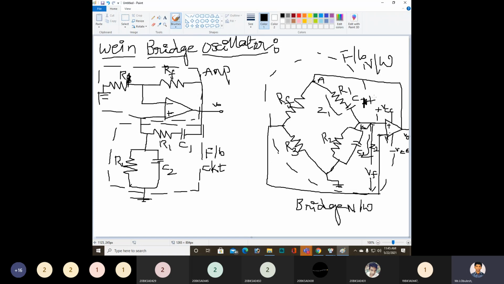In this the phase shift is 0 degrees or 360 degrees. So in the amplifier we have 180 degrees phase shift, in the feedback we have 180 degrees. So total is 360 degrees or 0 degrees.